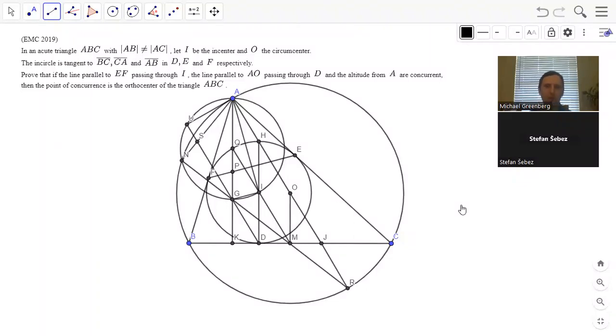Wait, it doesn't look like that. I don't think that's right, because that would mean IQ is IM, but that's not true. IQ is a radius. Yeah, I made a mistake. Sorry.